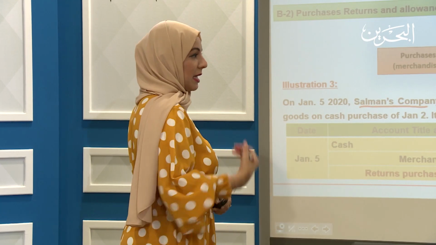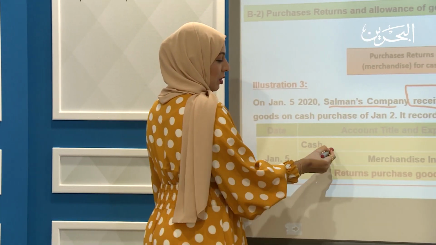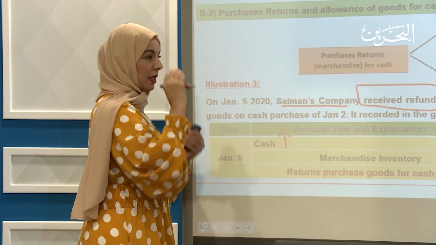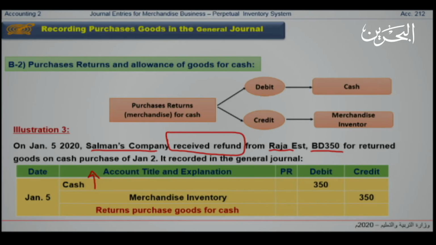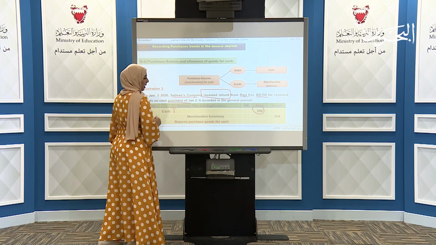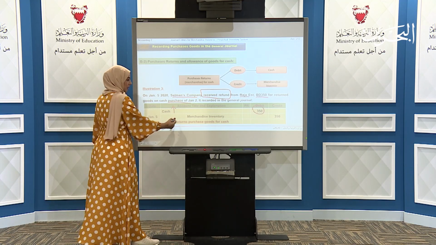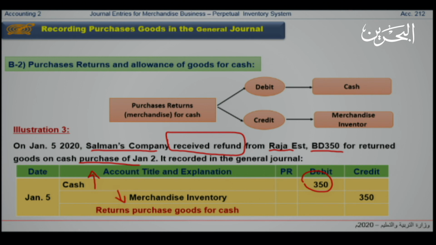If I received the money from Raja, the cash in my company will increase by 350 on the debit side. The cash increases because of the purchase return, so my inventory will decrease because I bought it, and I record it on the credit side with the figure of 350.